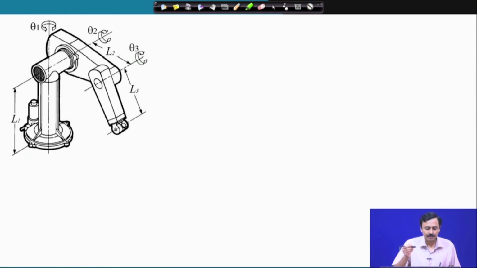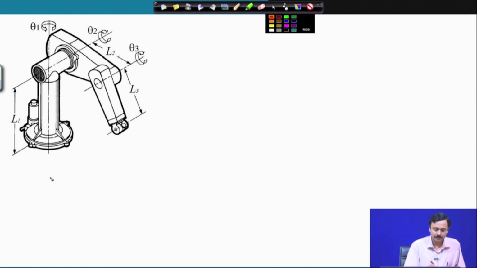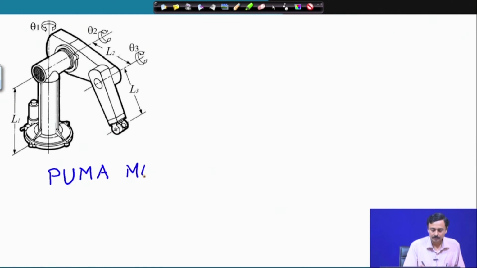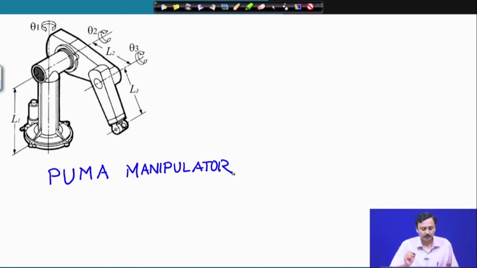Then we have this example of what is known as the PUMA arm, a PUMA robot. The PUMA robotic manipulator. Let us calculate the degree of freedom of this.